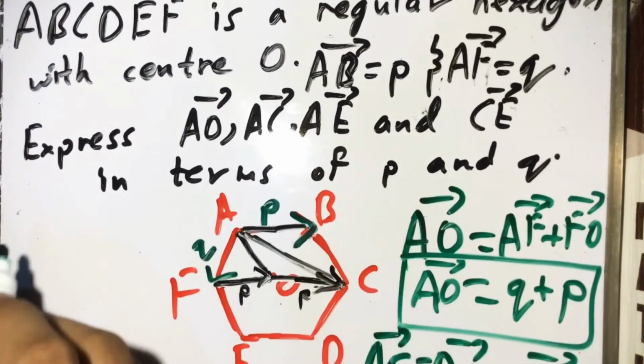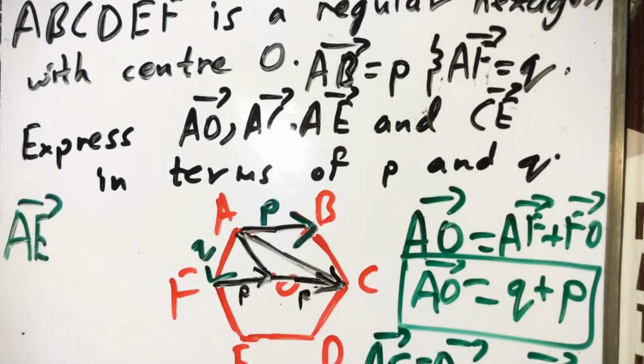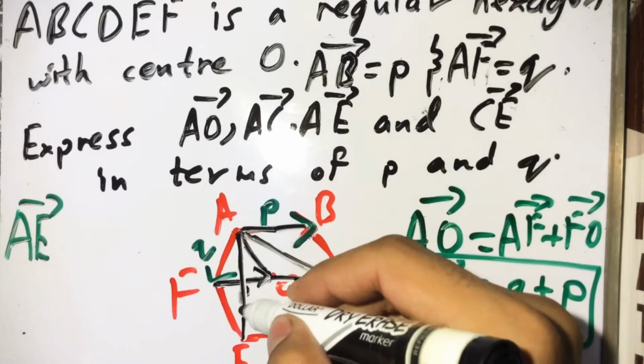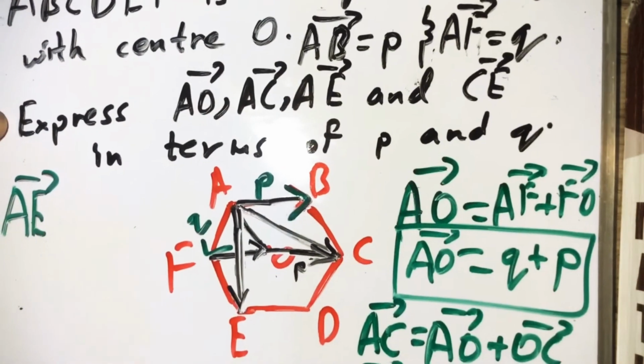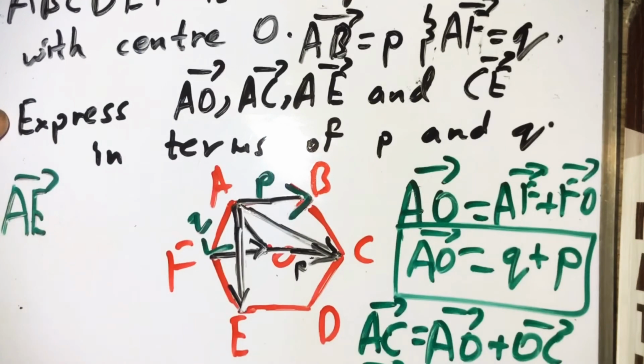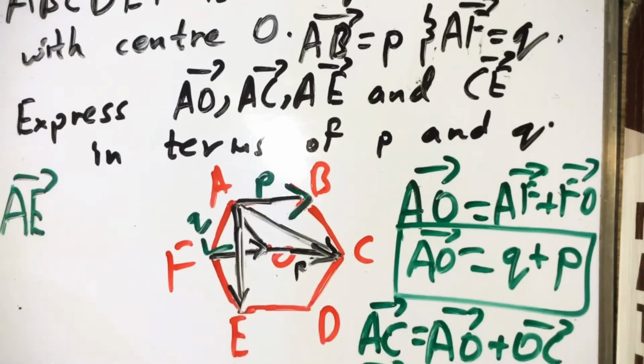Now third is AE. AE is this vector. For AE, we need AF plus FE.